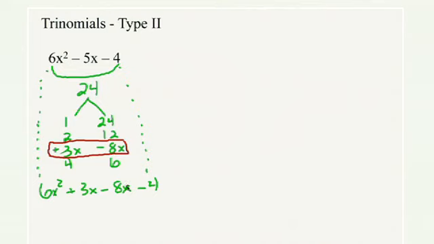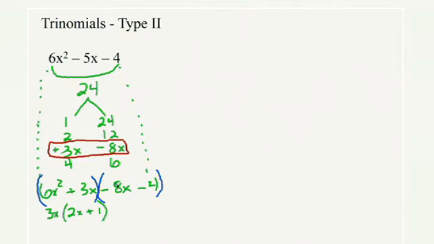That's it. So now what we're going to do is go to our grouping problems that we just did. We want to group the first two and the last two together. And again, reviewing what we just learned in the last lesson, we're going to take out a 3x from these two, and that leaves us with 2x plus 1.